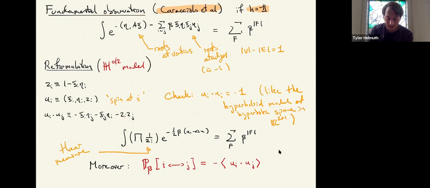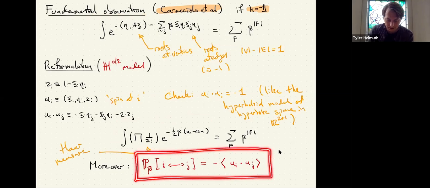And the reason that you should become convinced that this is really a good idea is that if you go through the same computations and ask what's the probability a vertex i is connected to a vertex j in a random spanning forest, or in the arboreal gas, it's exactly the expected value of the inner product between ui and uj in this reformulation.